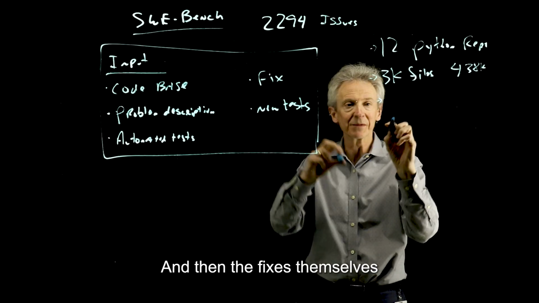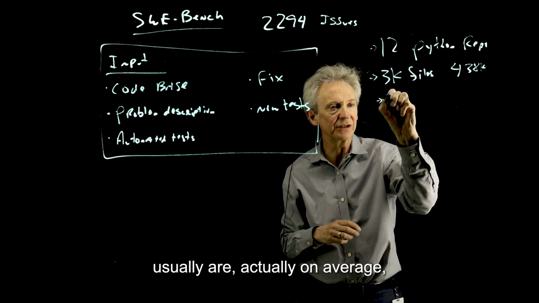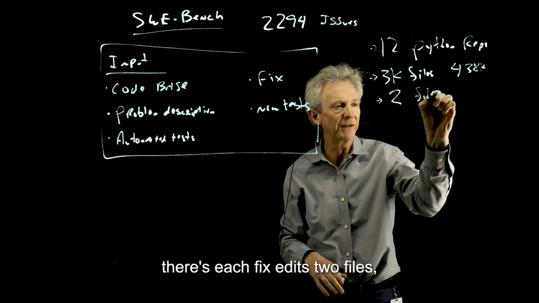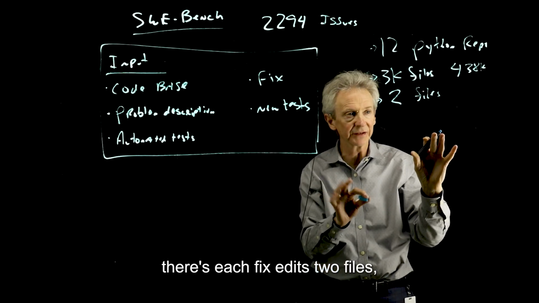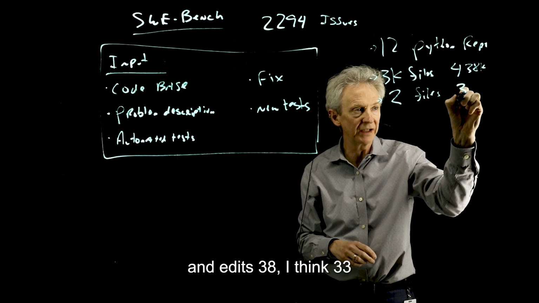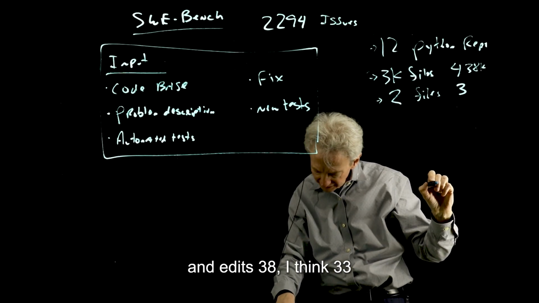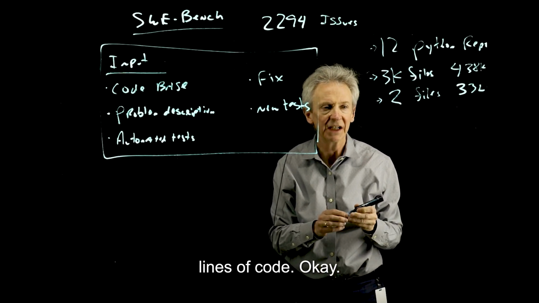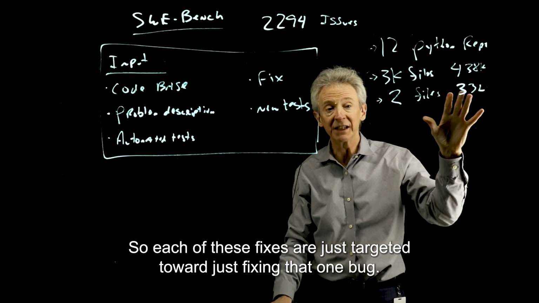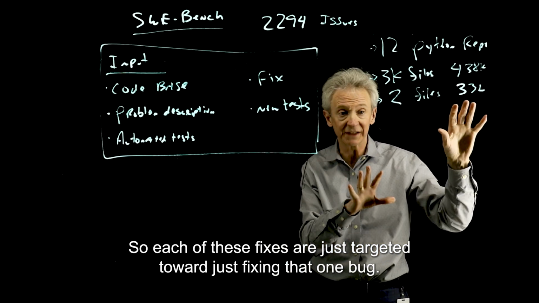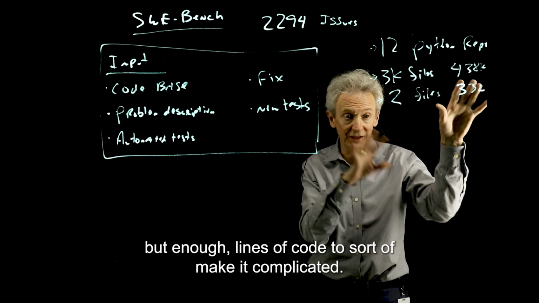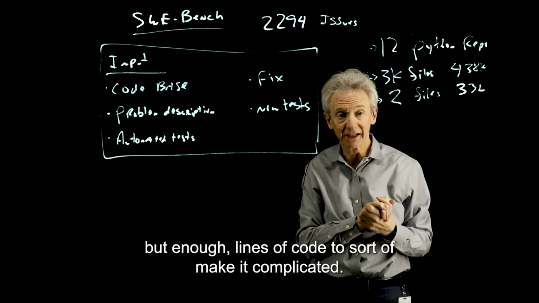And then the fixes themselves, on average, each fix edits 2 files and edits 33 lines of code. Each of these fixes is targeted toward fixing that one bug. So there's not a lot of lines of code, but enough lines of code to make it complicated.